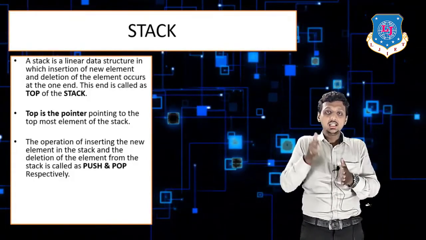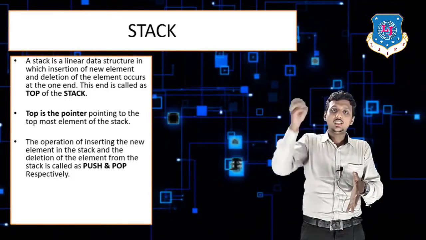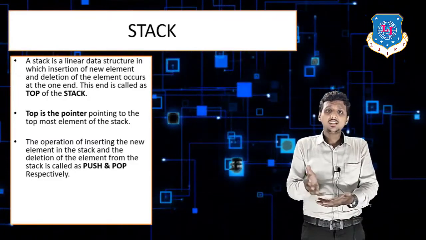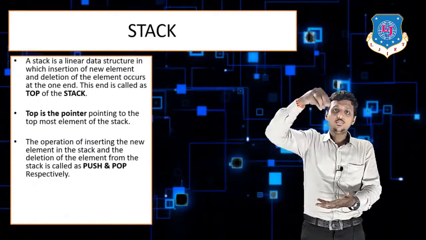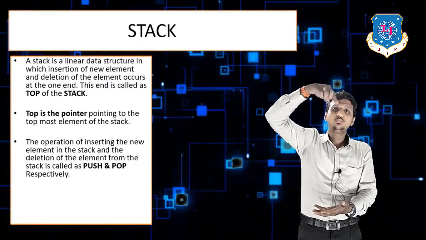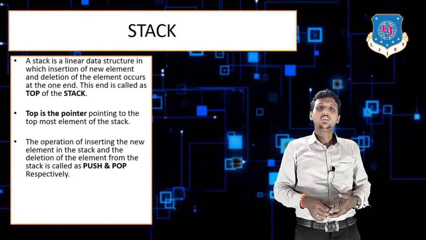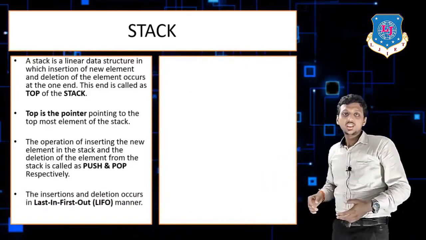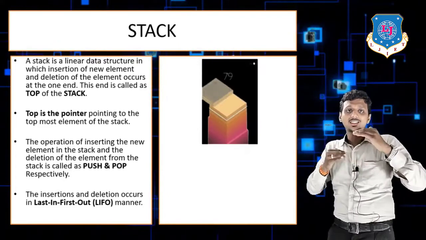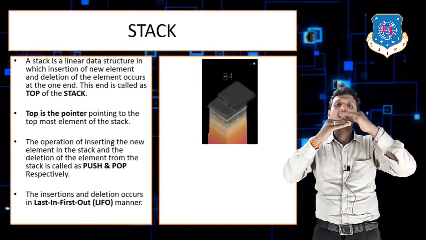Just take one box and insert 10, 20, 30, 40 and 50. We have only one end to insert or remove our elements. Such a thing is known as a stack. Let me explain with one figure. Here in this figure you can see the disks placed on each other like 80, 50, 60, 90, 100.